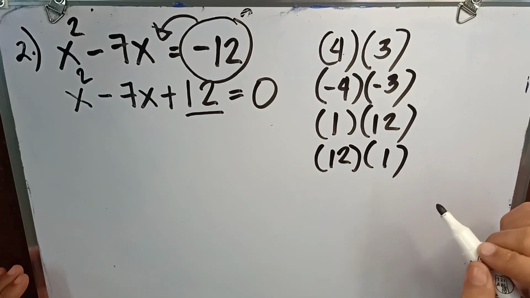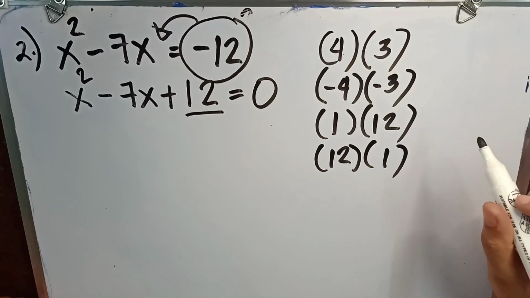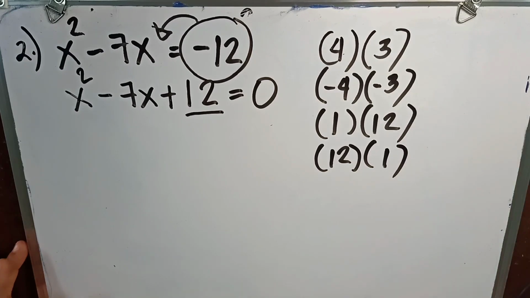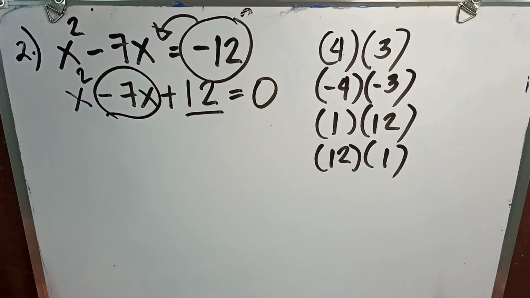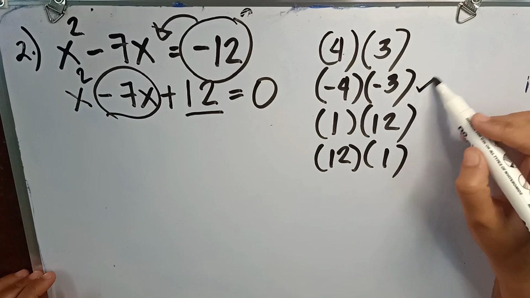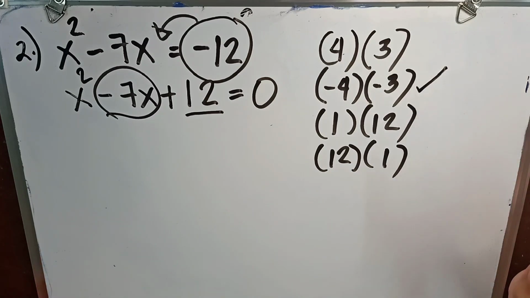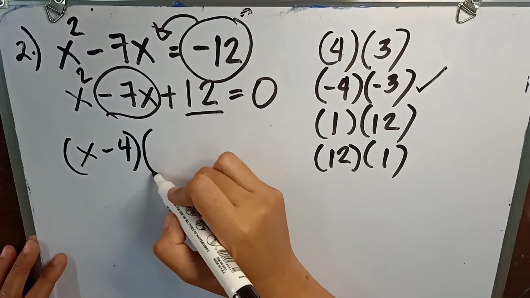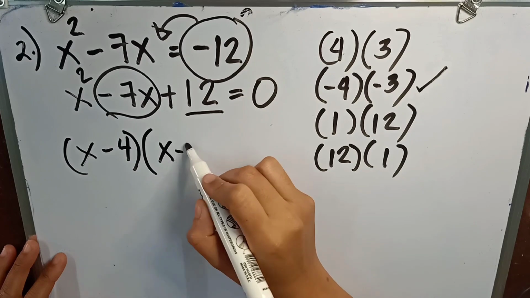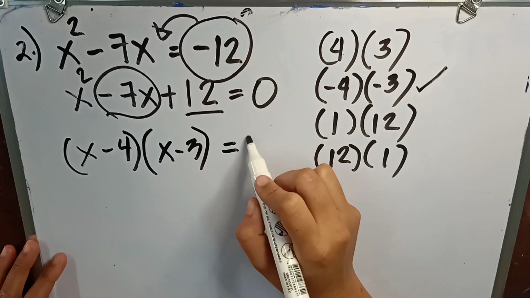If you are going to add those factors, the sum must be your letter b or the linear term. So our option is negative 4 and negative 3. So, x minus 4 times x minus 3 equals 0.